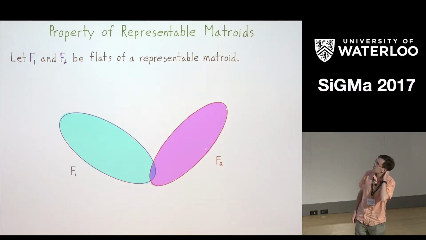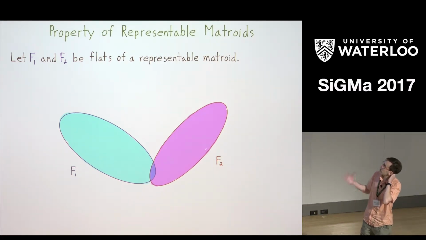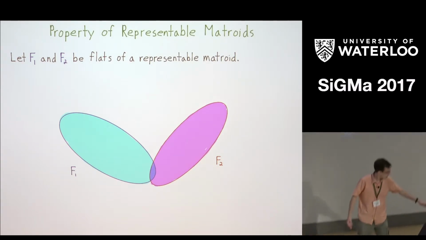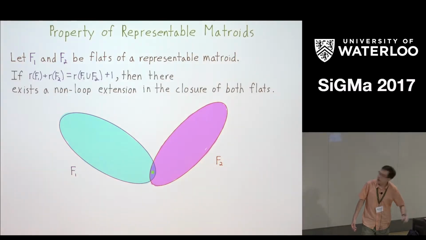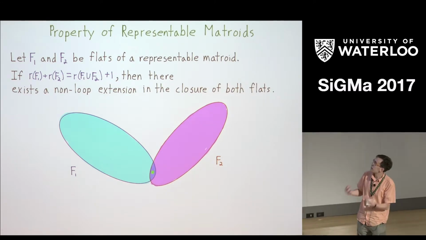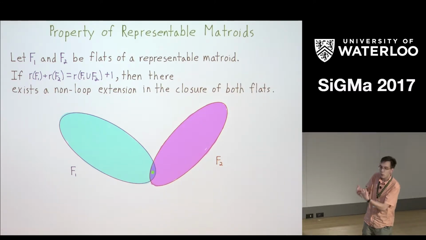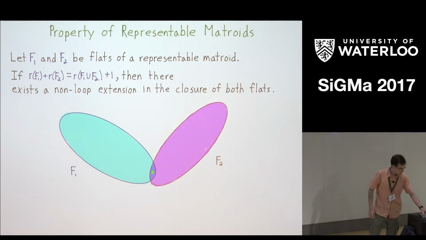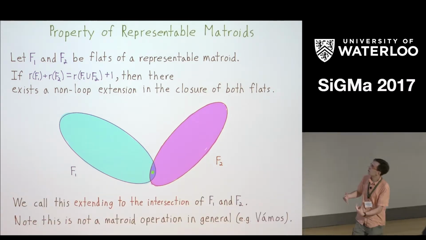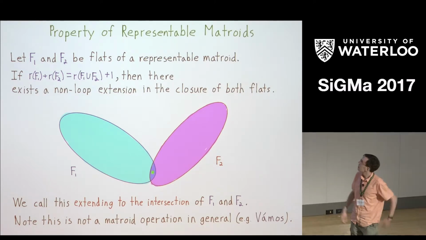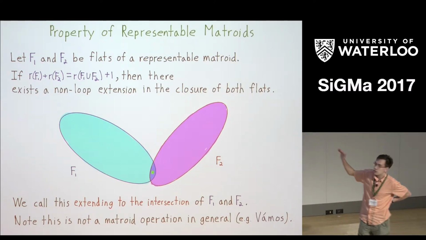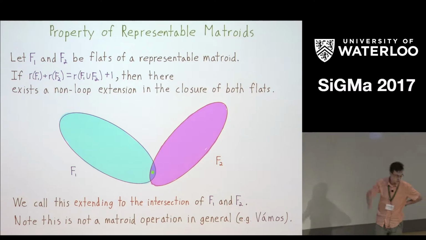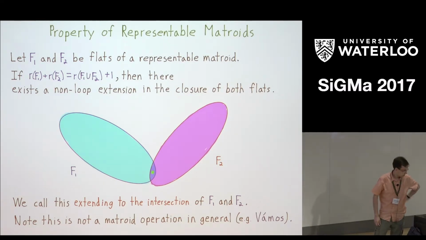Given two flats in a matroid, if the spans of these flats meet at a point in the ambient geometry, then we can add this point to our original matroid to get an extension. We'll call this extending to the intersection of these two flats. This is not a matroid operation in general, but you can do this to any representable matroid.